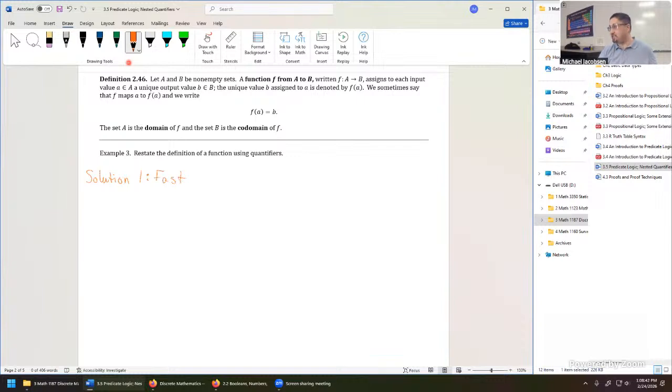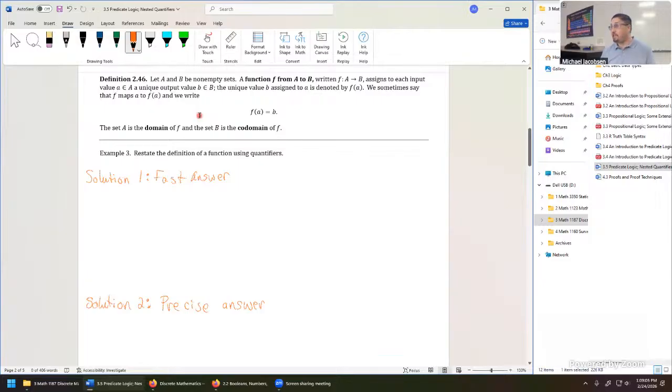I'll just say fast answer. And down below, solution 2. This one is a little bit more messy, but let's call this the precise answer. They're both going to be fairly precise, but you'll see what I mean when we get into this.